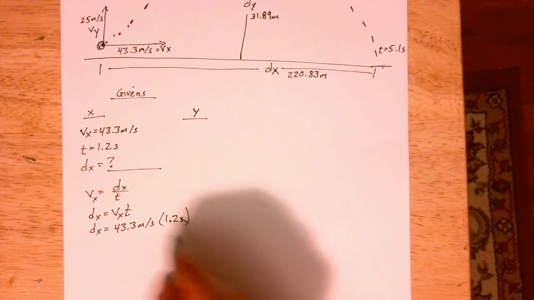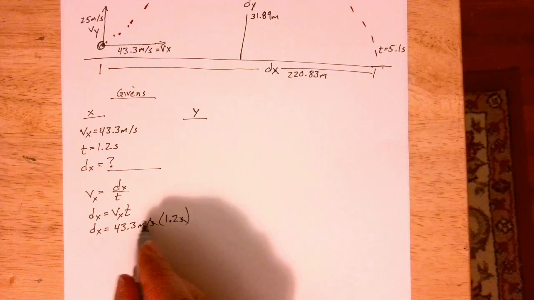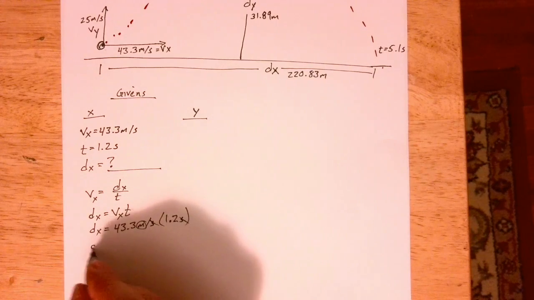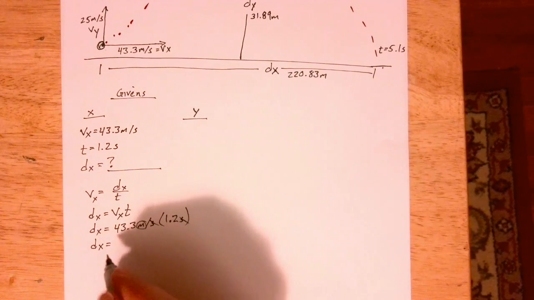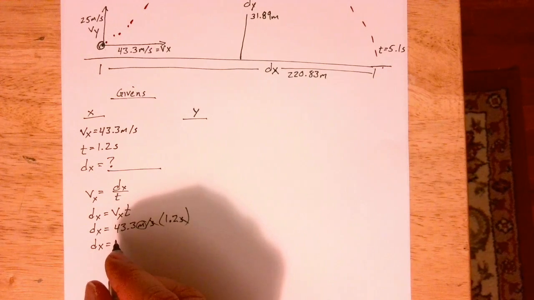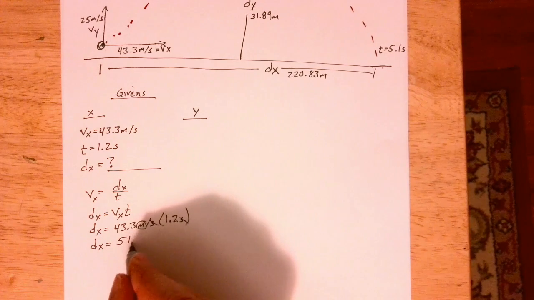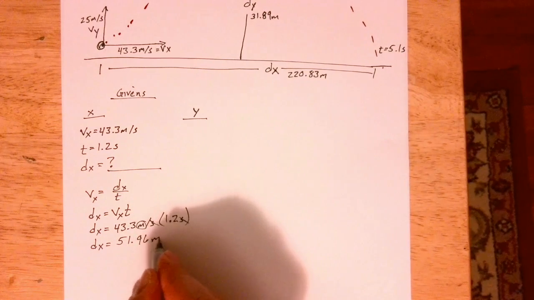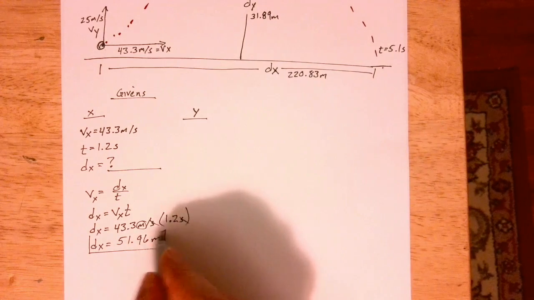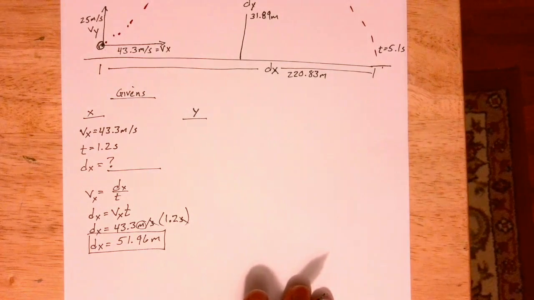Notice the seconds will cancel out, leaves you with the unit of meters. So the distance in the x direction will come out to be 51.96 meters. So if you multiply those, we would have gotten this distance right here, 51.96 meters.